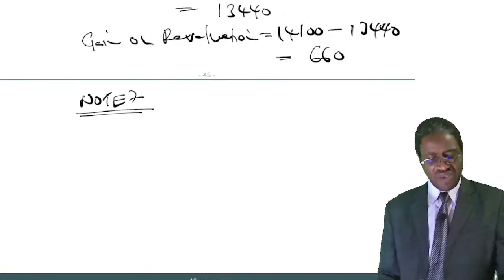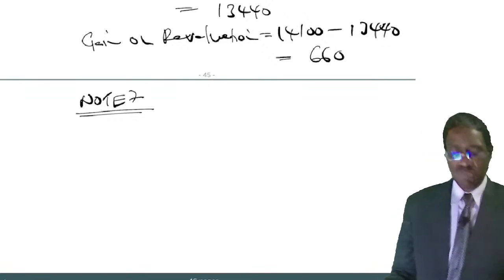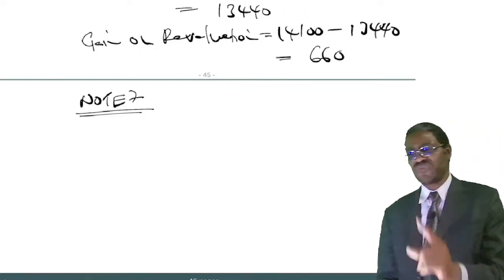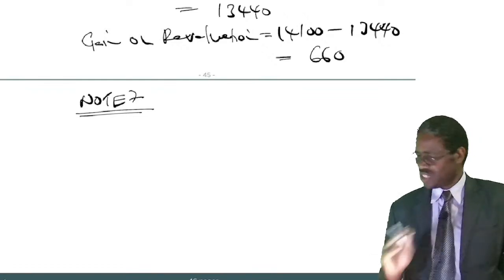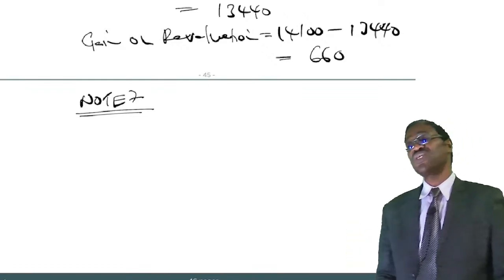Okay, so put it down this way. Out of the shillings 500,000, just 500, because our figures are already in thousands.